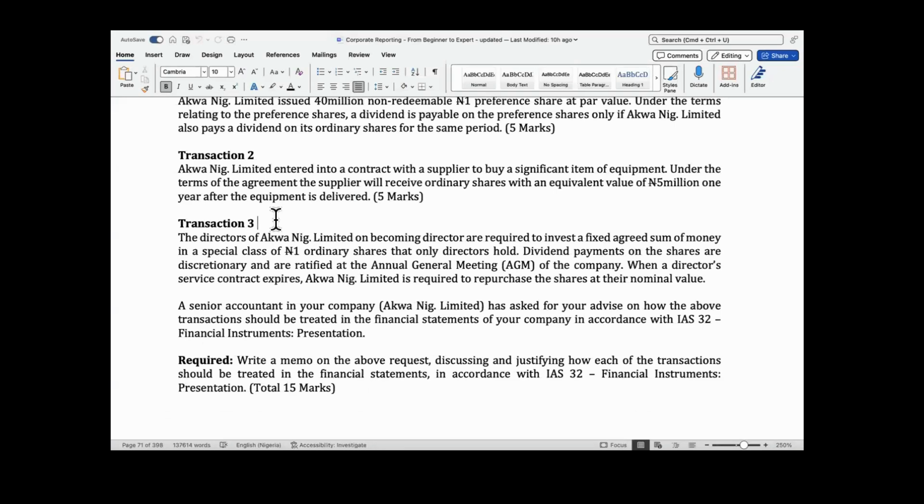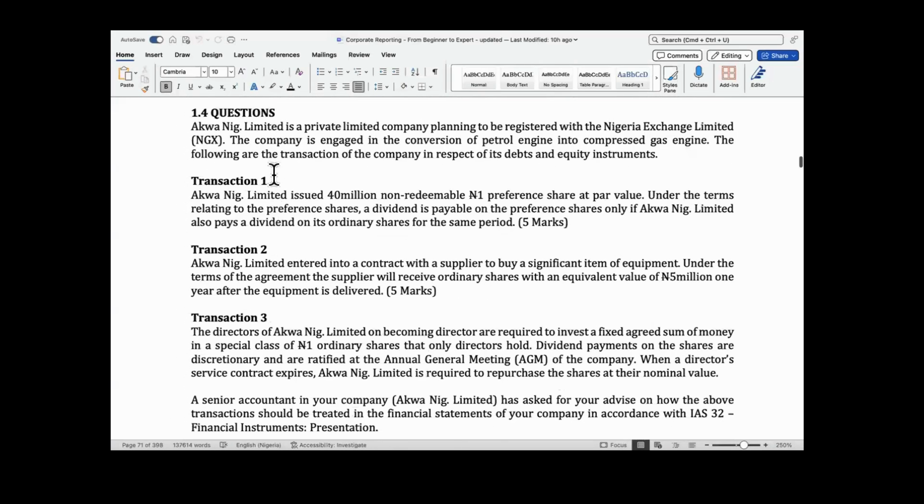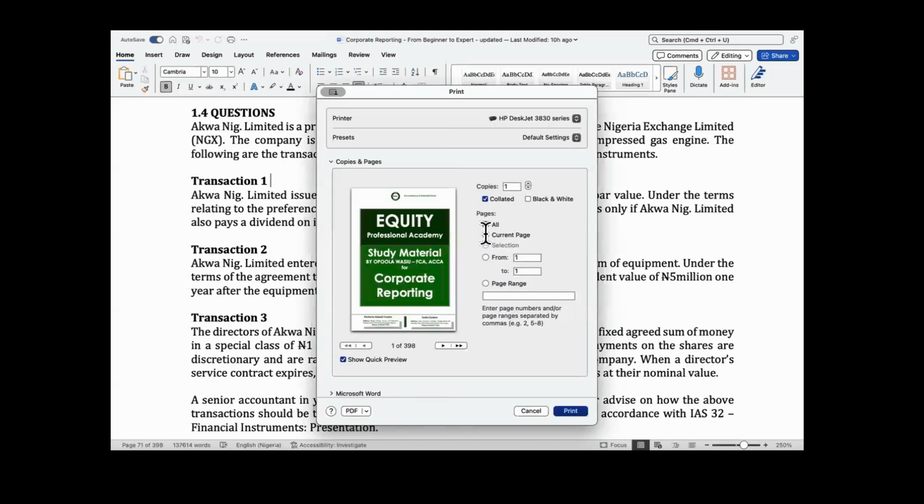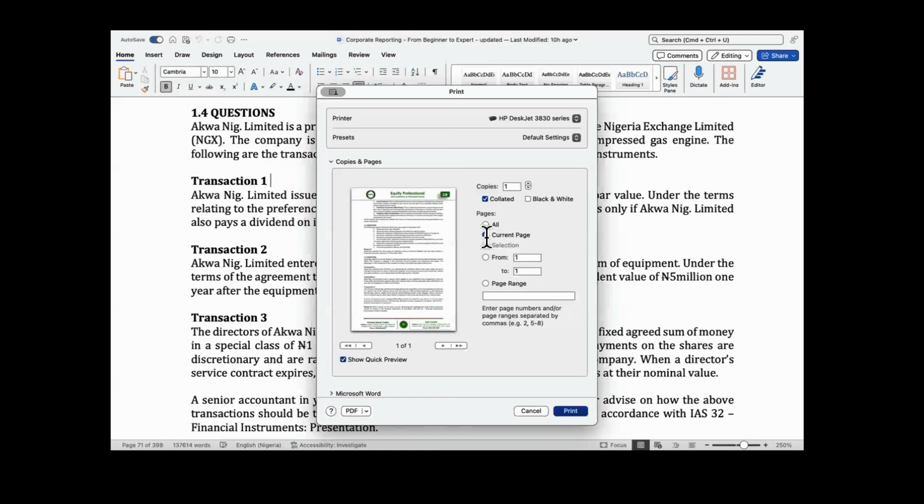Okay, so what I would do is, you don't have this particular question in your handout. I'm going to send it to you right away. I would want you to use that as your assignment.